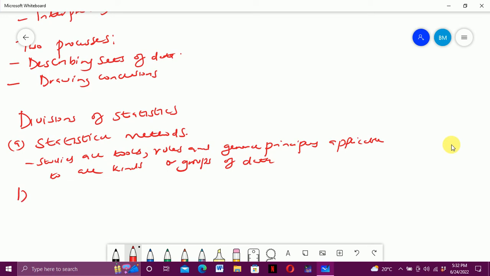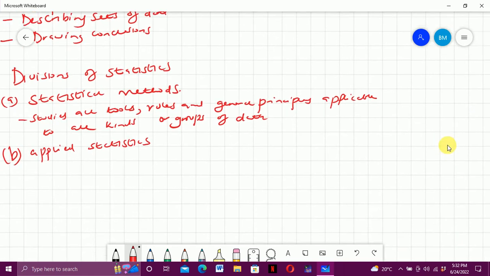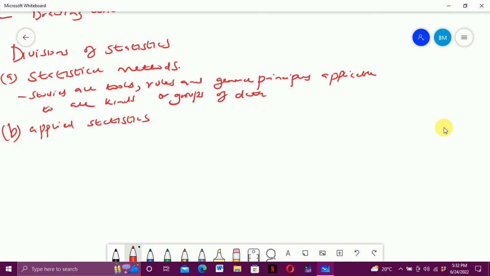Then we have applied statistics. Now, applied statistics deal with application of statistical methods to specific problems.